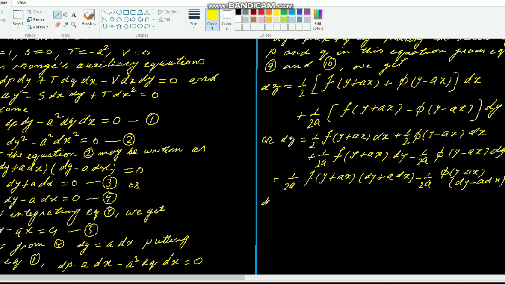Now taking 1 upon 2a common, we get dz is equal to 1 upon 2a bracket f of y plus ax into dy plus a dx minus phi of y minus ax into dy minus a dx.